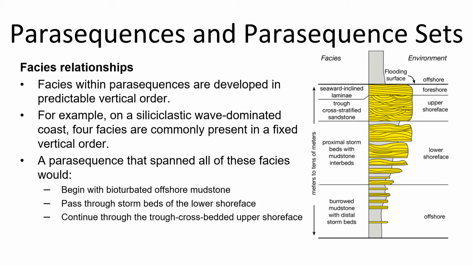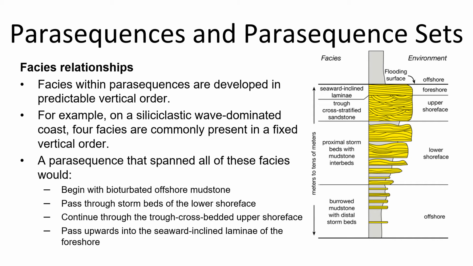We continue then through cross-bedded upper shoreface, cross-stratified sandstones. And then we pass upward from that into our seaward inclined laminae on the foreshore. So you can see in the schematic how they're kind of leaning towards offshore. And then we have a flooding surface, and we start it all over again with offshore.